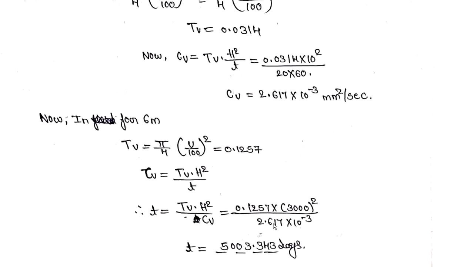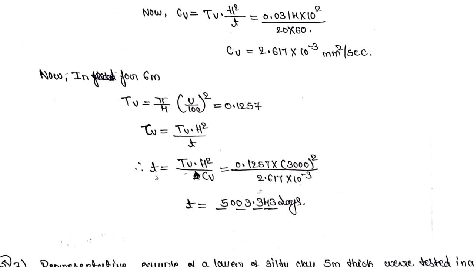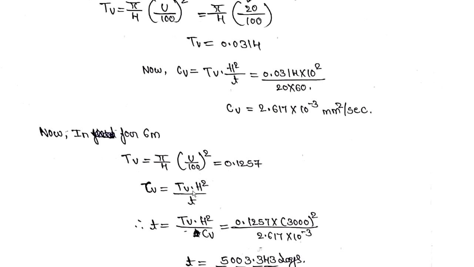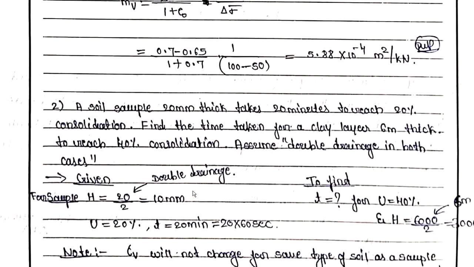CV is here, TV is here, H square is here. So T, the time taken for 40% consolidation, is 5003.343 days for the 6 meter thick clay layer.